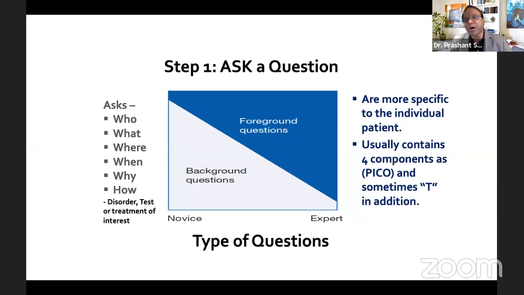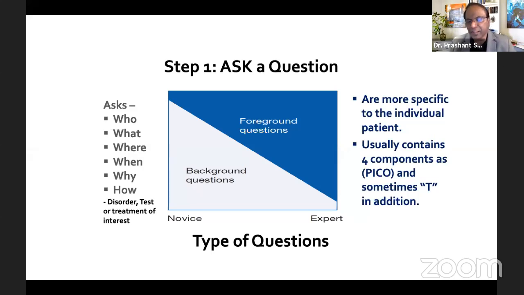If you think about our 2 patients, the background question could be, what causes myocardial infarction? What is the treatment for myocardial infarction? Why do people get a myocardial infarction, or what are the risk factors of myocardial infarction? Those are the background questions.